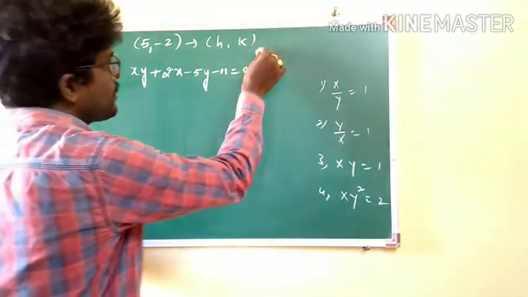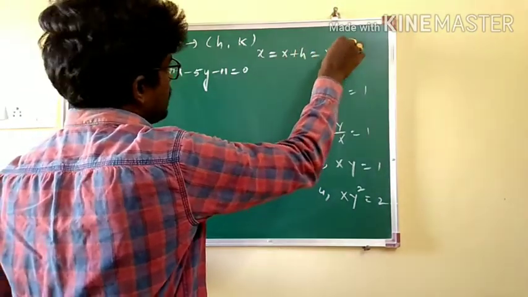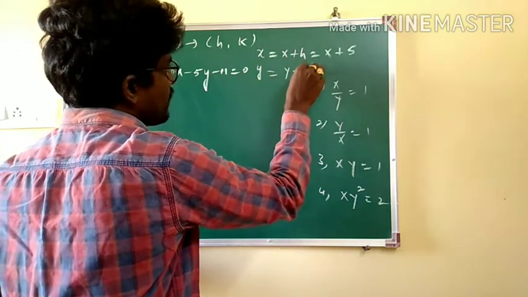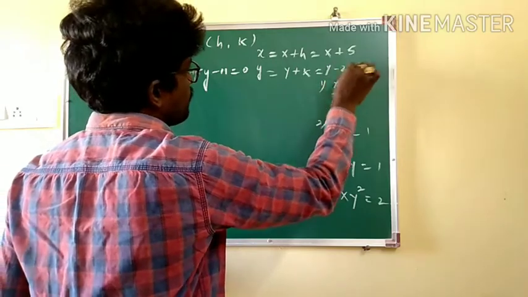So what are the equations here? x is equal to capital X plus h, that is capital X plus 5, and y is equal to capital Y plus k, that is capital Y plus, what is k, minus 2.